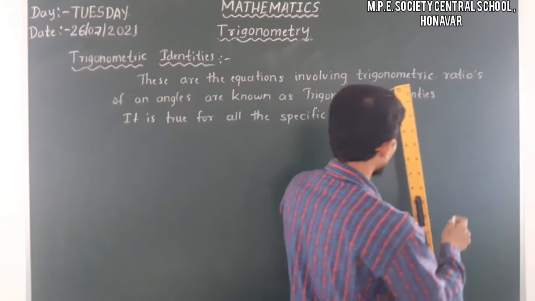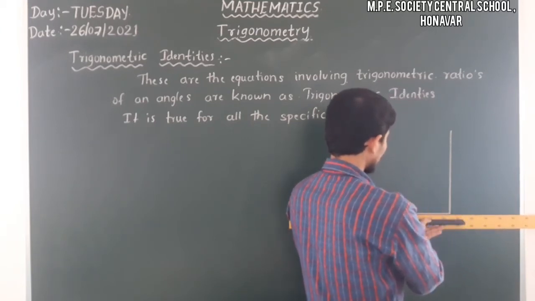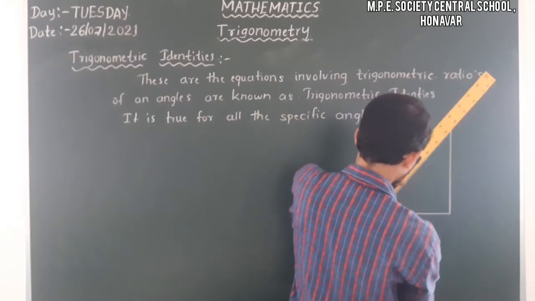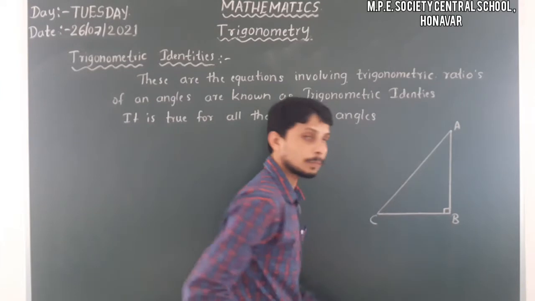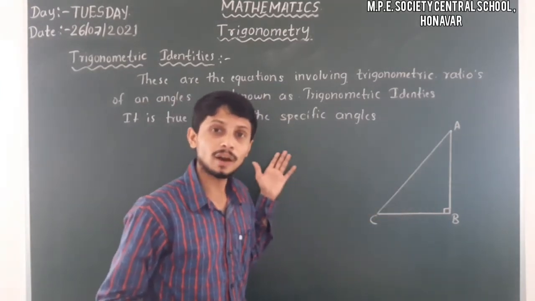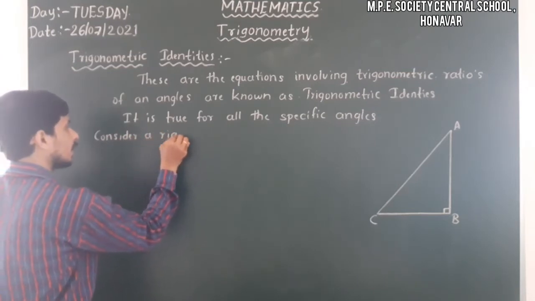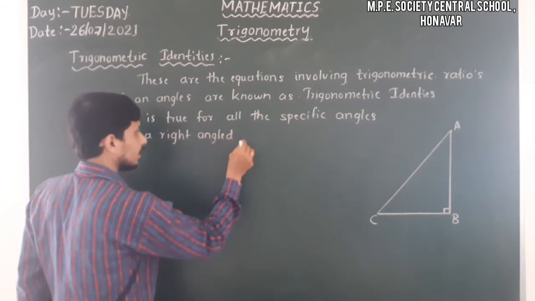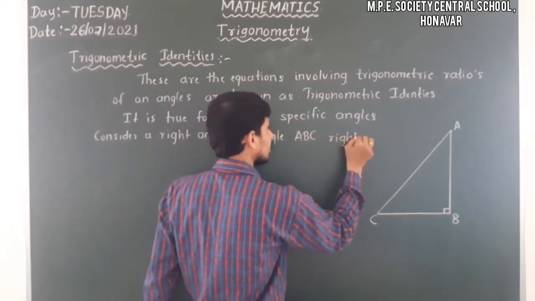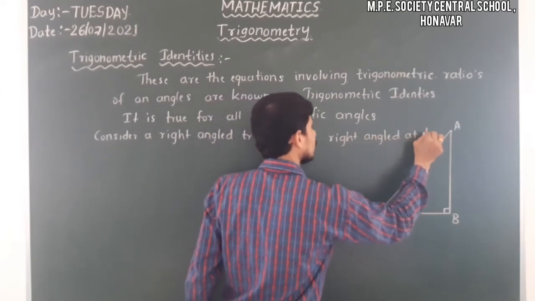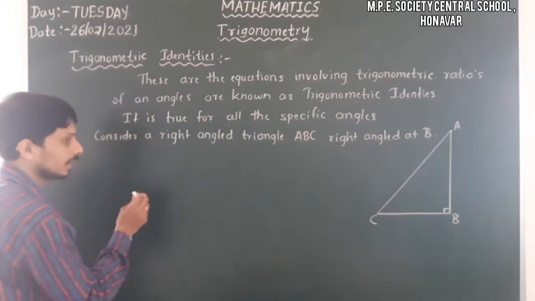Let us draw a right angle triangle ABC, right angled at B. That is A, this is B, and this is C. Consider a right angled triangle ABC, right angled at B. This we call a right angle triangle, or a right triangle also. Both are the same.